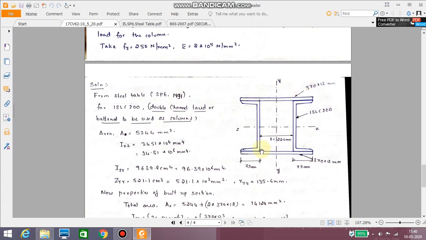The back-to-back channel members are given with the spacing of 220 mm.